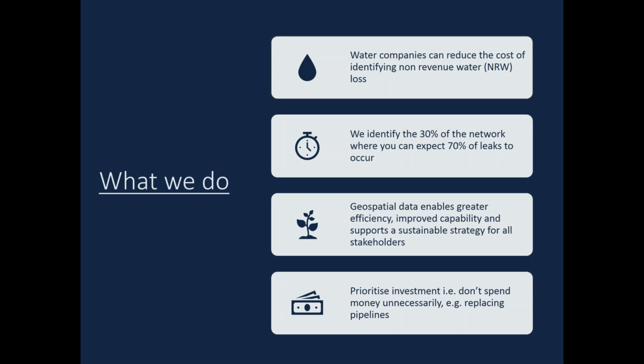So our elevator pitch really, and our solution is, across your entire network, across 100% of a utility's network, we will define the highest 30% of that network at risk of failure. And within that highest 30% of the network that is at risk of failure, we will define and conclusively demonstrate that there is 70% of the leakage contained within that. Now, those stats we can back up, and we'll walk through those very shortly in this presentation.